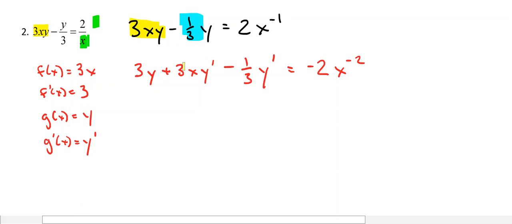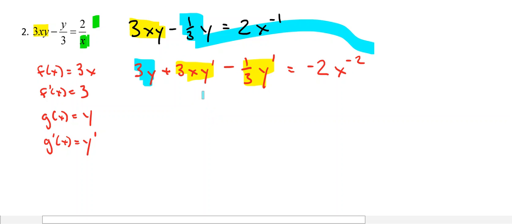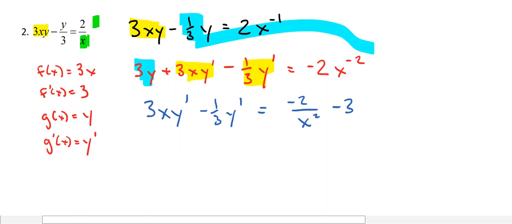We have y prime in two terms. So we want to combine those and take this term that does not have a y prime and move it over to the other side. So that is going to look like this. 3xy prime minus 1/3 y prime equals, and I'm going to rewrite this as negative 2 over x squared minus 3y.